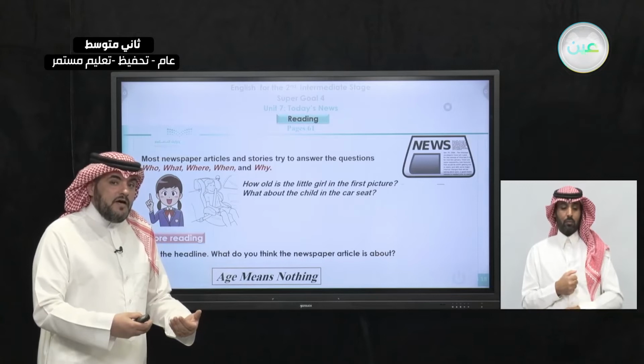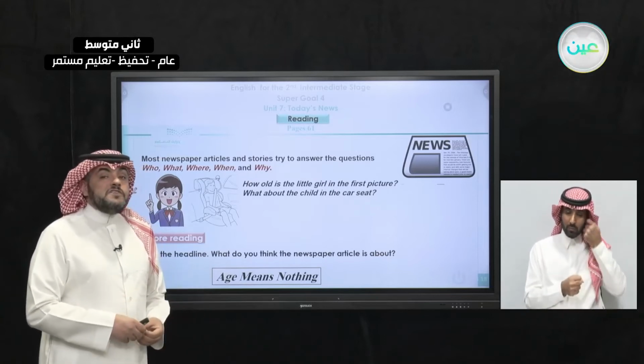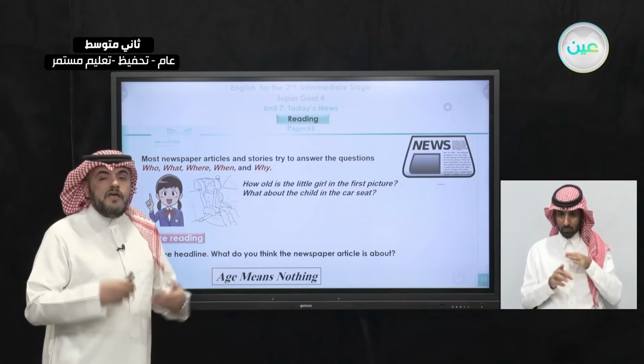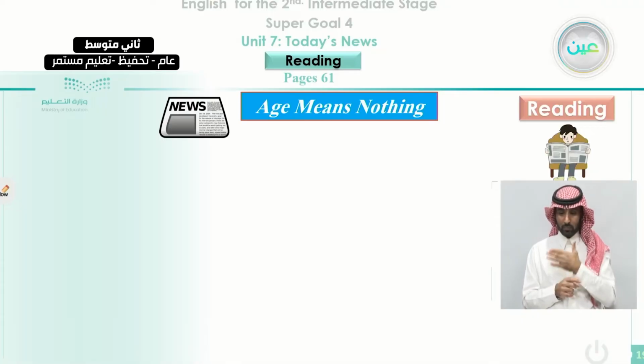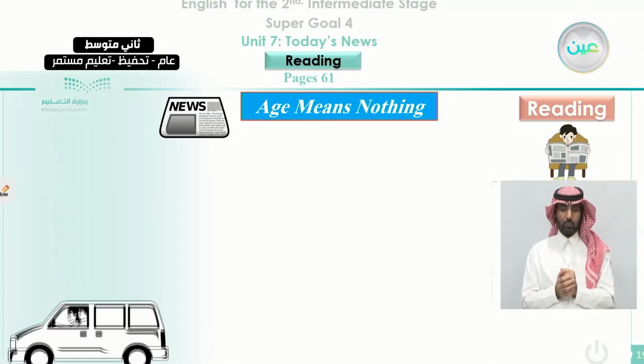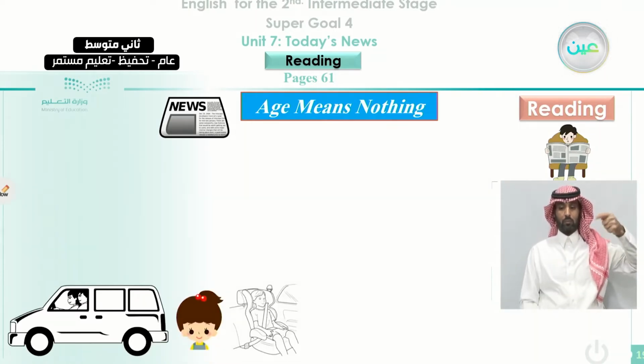In our coming article, we will learn how this little girl was brave to defend her brother and her father as well. The title again is Age Means Nothing. We can tell before we read the first paragraph that there is a child, and here we have also Martha, the girl.